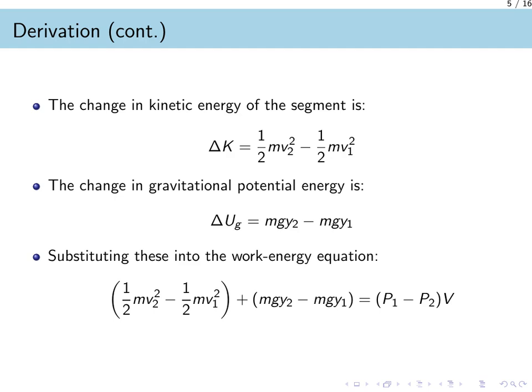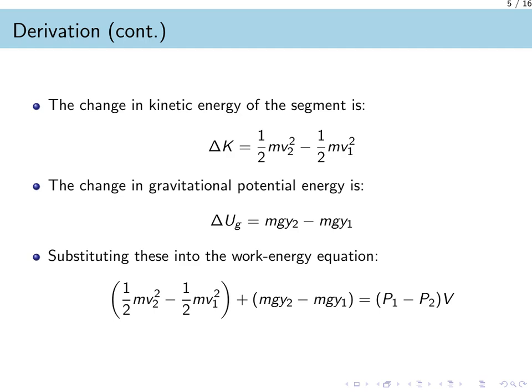So, the change in kinetic energy is 1/2 m v2² − 1/2 m v1². Next, we do the same for the gravitational potential energy. The change is the final potential energy minus the initial. This is equal to m g y2 − m g y1.